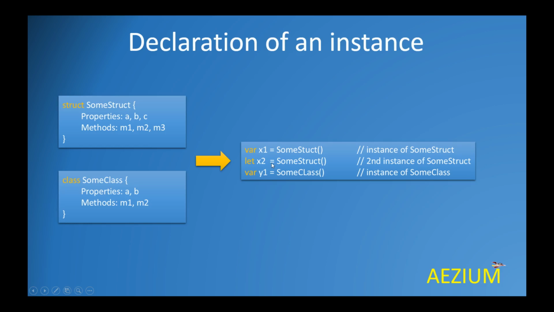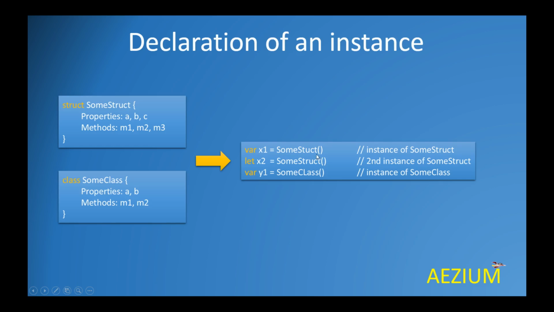So now, how do we actually declare instances of this structure and this class? These examples show the syntax. For instance, here we are declaring a variable called x1. We follow that by the assignment operator.